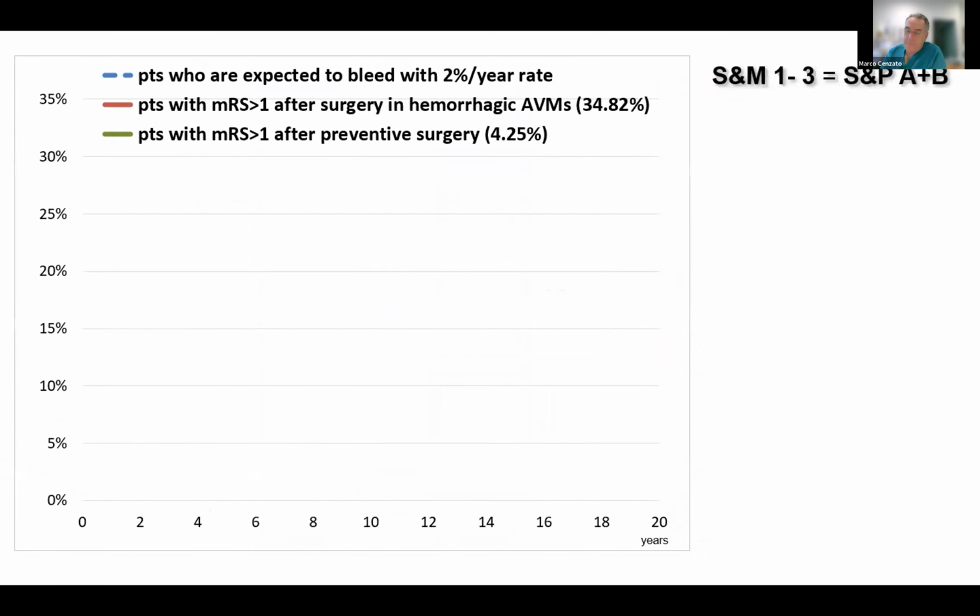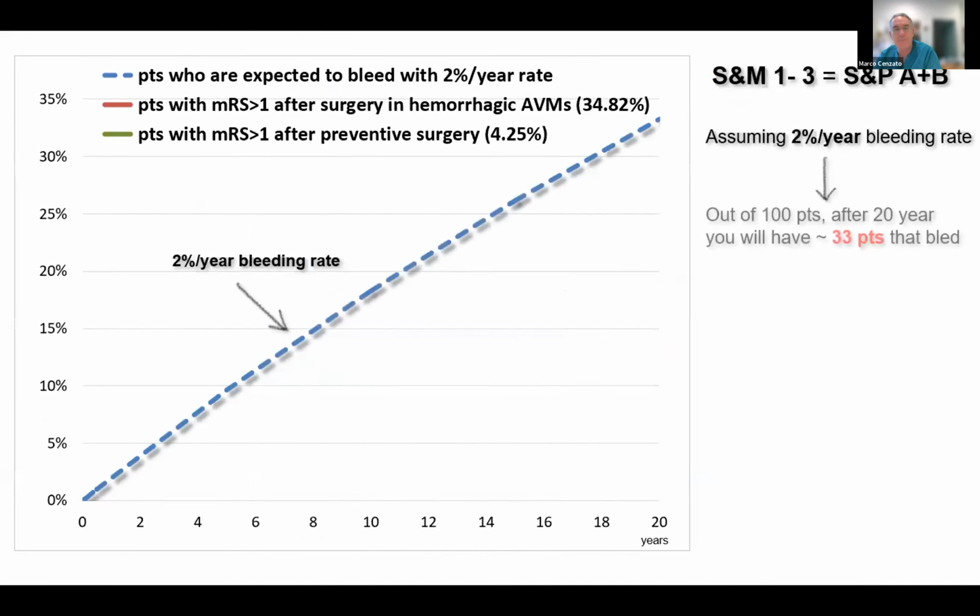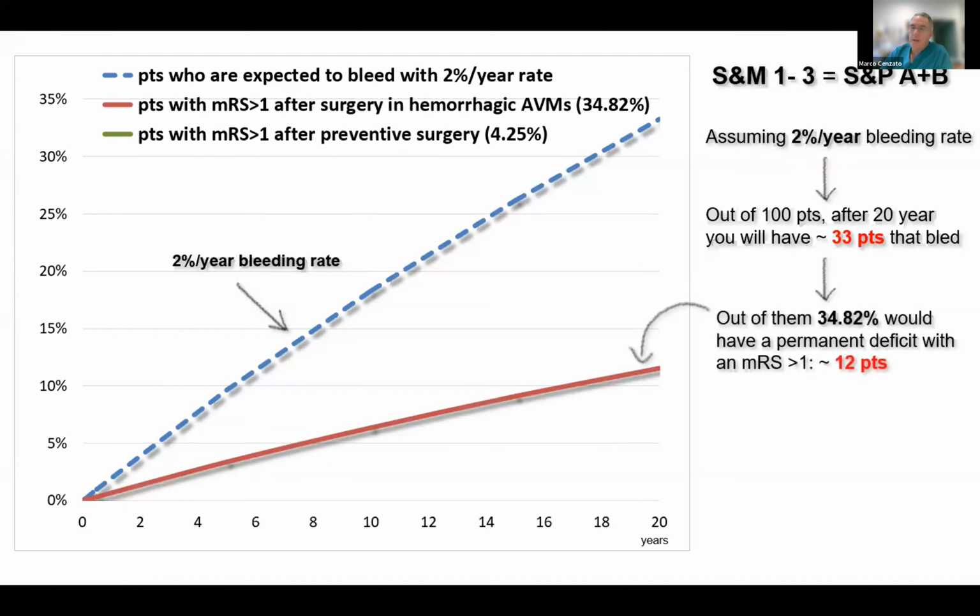So considering that the average rate of rupture accepted by most of the studies is 2% a year, after 20 years out of 100 patients, you will have 33 patients that have bled. But after bleeding, 1/3 of them will have a permanent deficit with an mRS greater than 1.